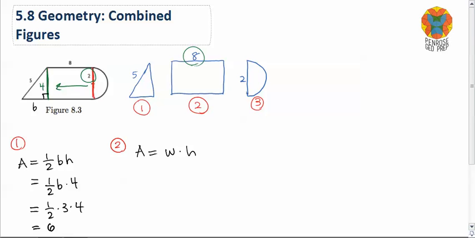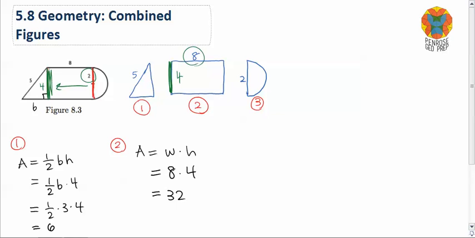And we just discovered that the height here, which is the same as this part here, this is 4. So then we can fill in this formula here. The width is 8 and the height is 4. So we get that the area is 32.